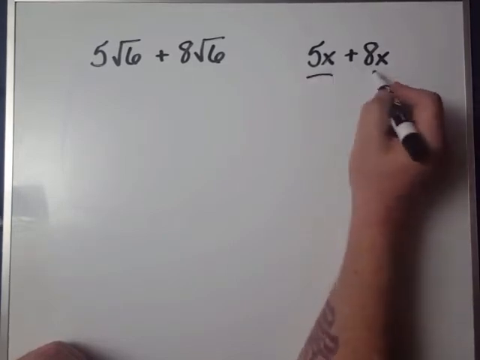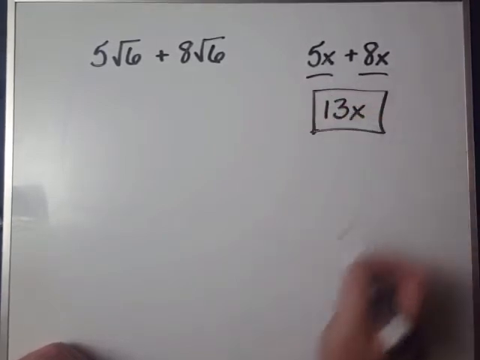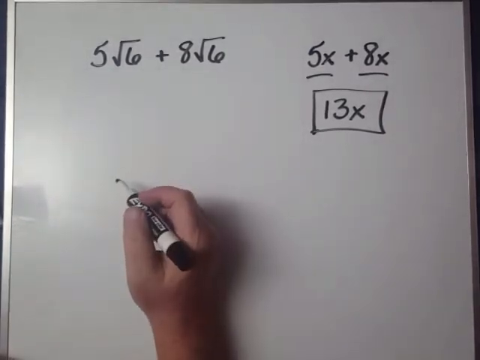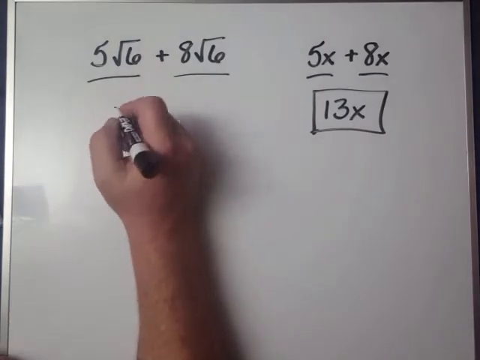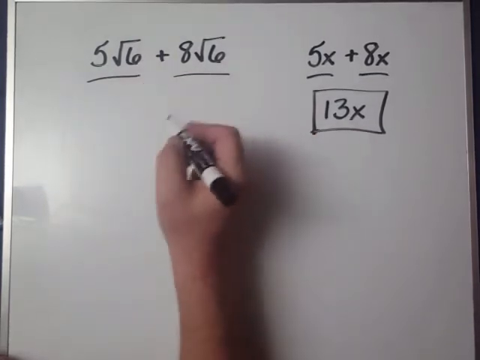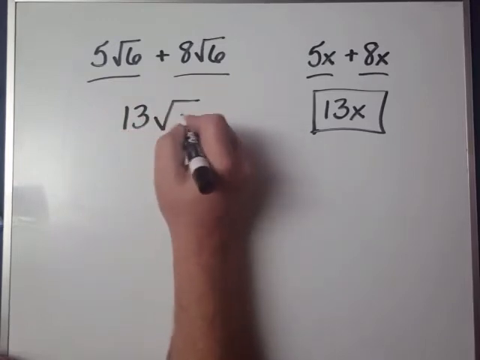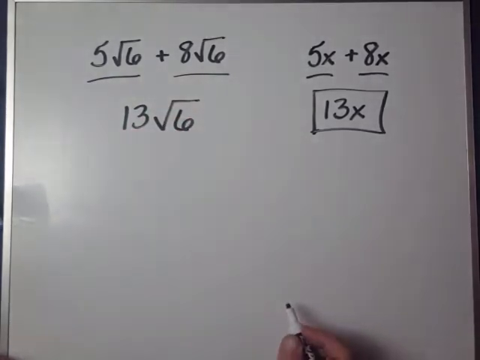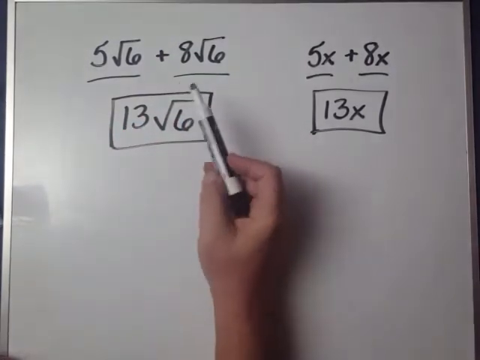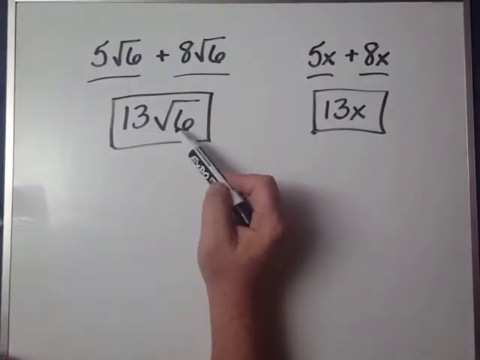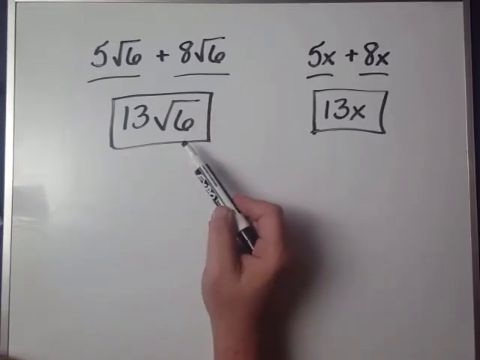Over here, we combine like terms. In our radical expression, we combine like radical terms. 5 square roots of 6 plus 8 square roots of 6 totals 13 square roots of 6. You may notice that when I read these expressions, I don't say 13 times the square root of 6.